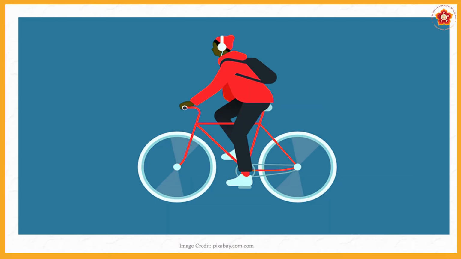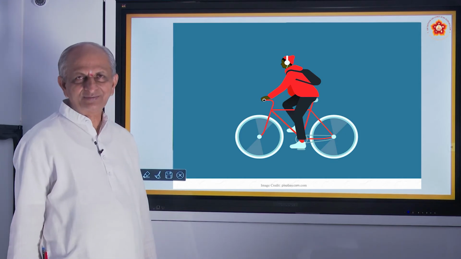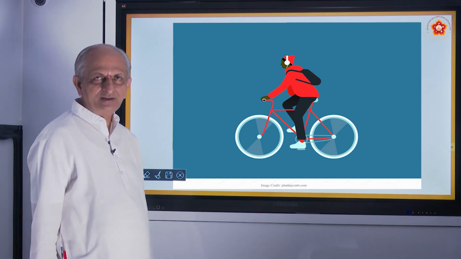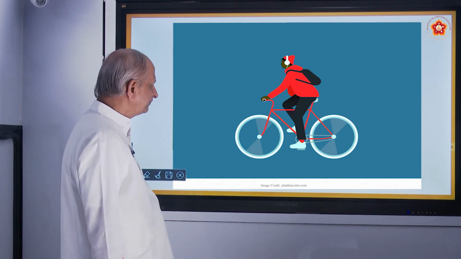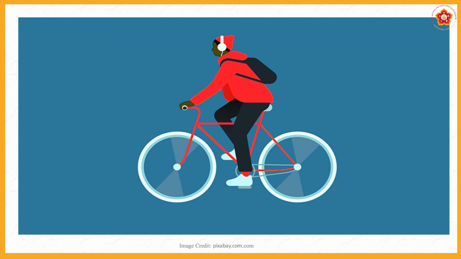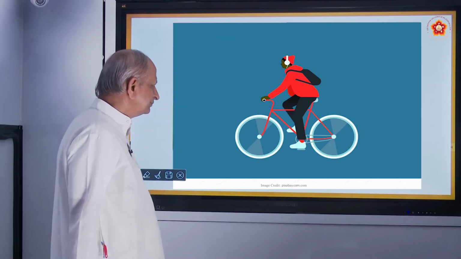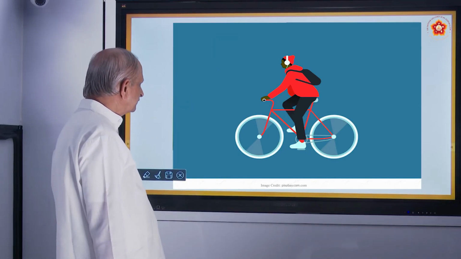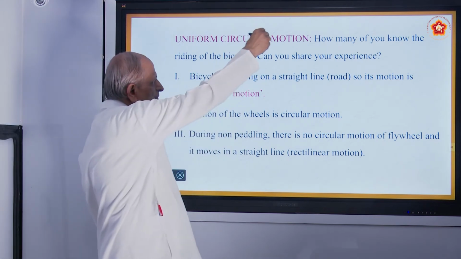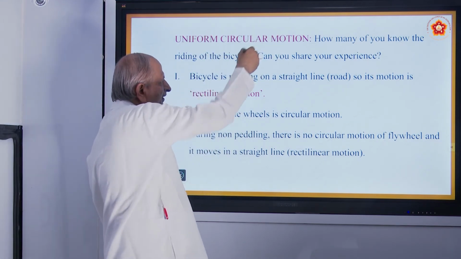Here what we want to explain is the circular motion. The tires will give a circular motion and they move in a straight line on the road. What do you call it? Linear motion or rectilinear motion, and he is handling the brake there. So, circular motion. How many of you know the riding of the bicycle?